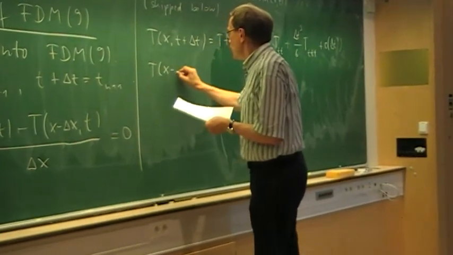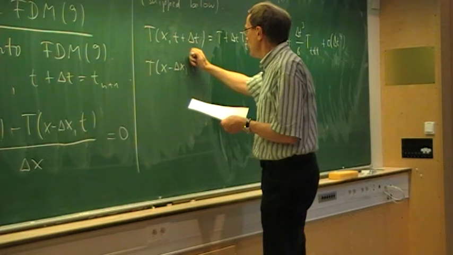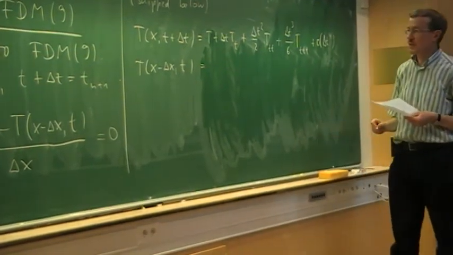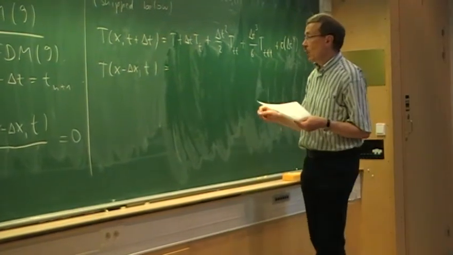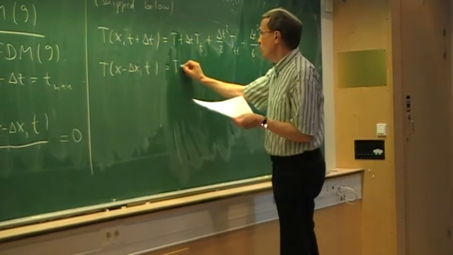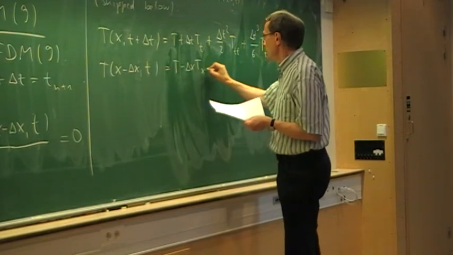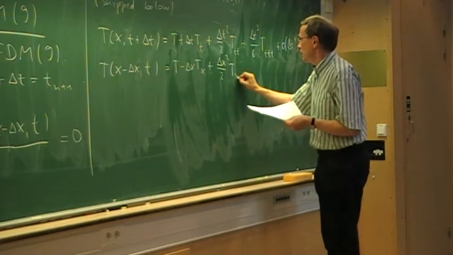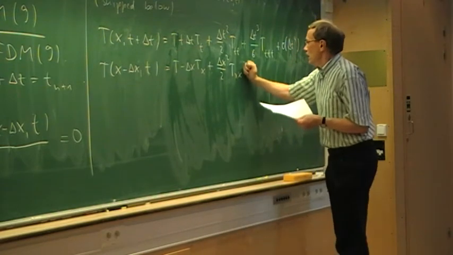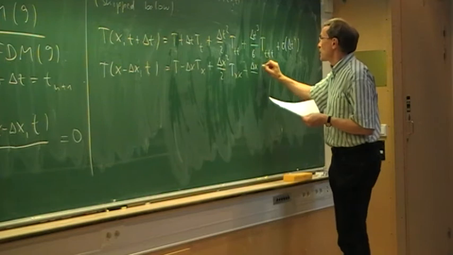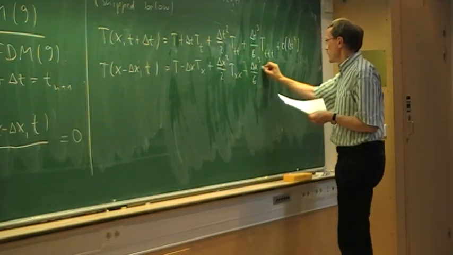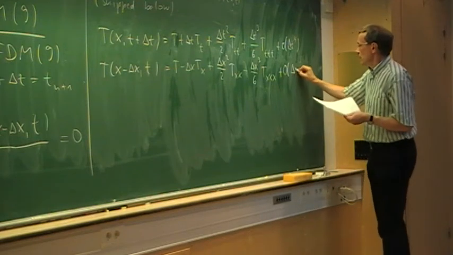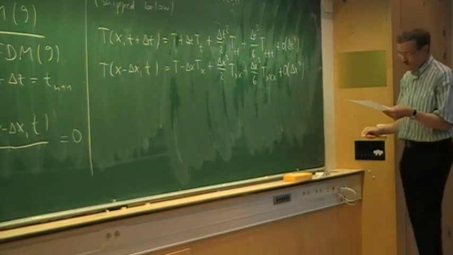T of x minus delta x t is then, we do Taylor expansion again around xt. Now we have to do the derivatives with respect to x, and we get minus delta x tx plus delta x squared half txx minus delta x to the power 3 divided by 6 txxx, and here we have also delta x to the power 4.